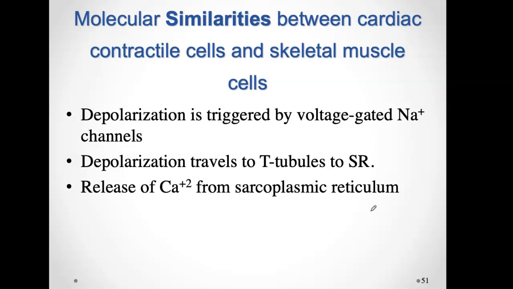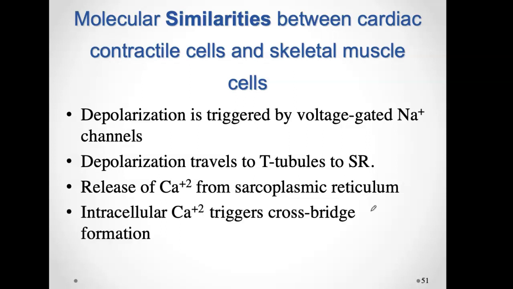No different. There's going to be a release of calcium from the sarcoplasmic reticulum. This should be sounding super familiar by now. These are the steps that you learned for skeletal muscle. Then some of that intracellular calcium is going to trigger cross-bridge formation. You're going to have actin sliding over myosin, and that cell is going to shorten. You have the sliding of the myofilaments. That's very similar in cardiac also, with some differences, and that's what we're going to look at.